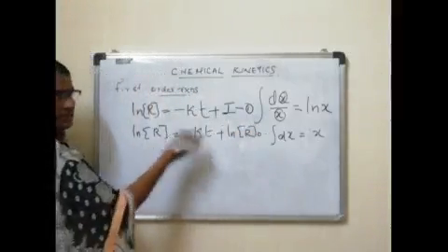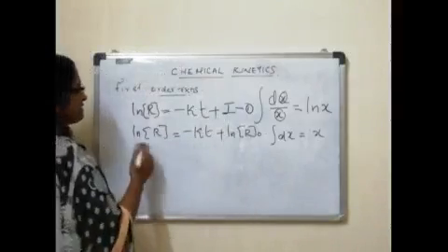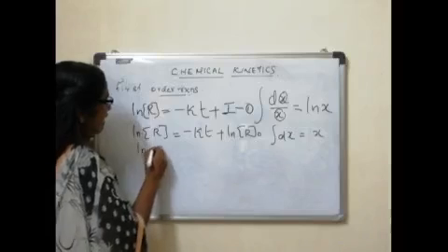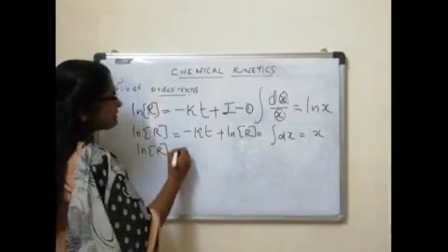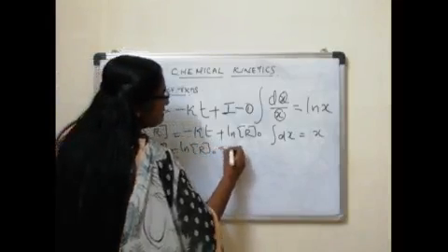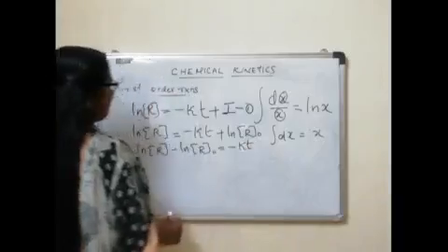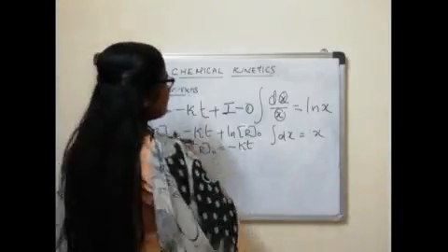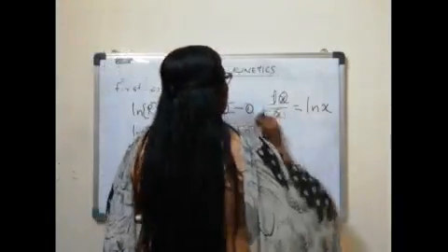Rearranging this equation, bringing this term to the left side, we can write ln R minus ln R0 is equal to minus kt. Consider this as equation 2.